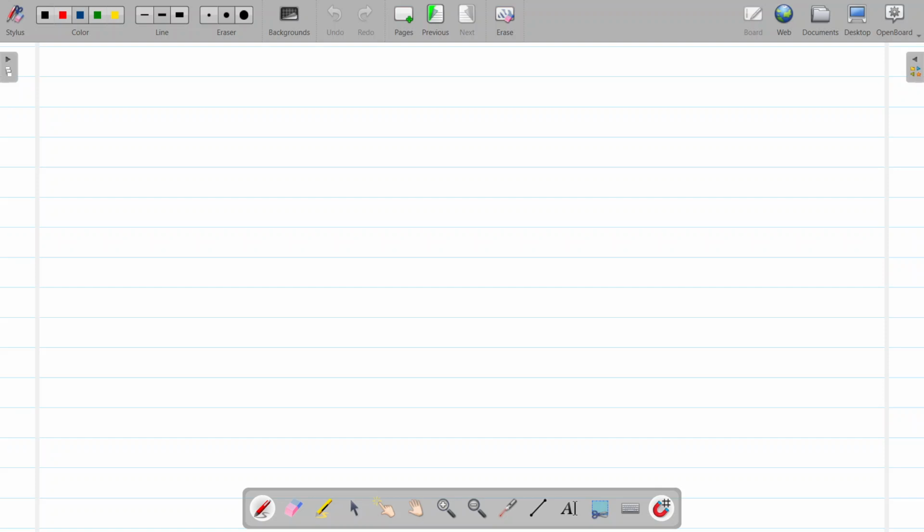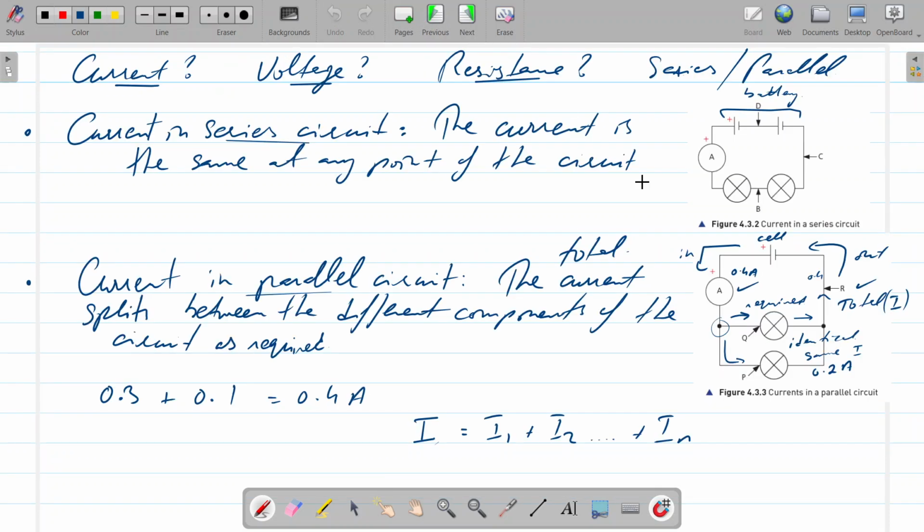Next is current at a junction. And this is basically saying what we've already mentioned. A junction is this thing, these parts, wherever the wires are joining.